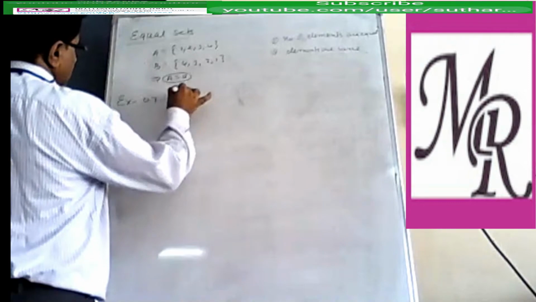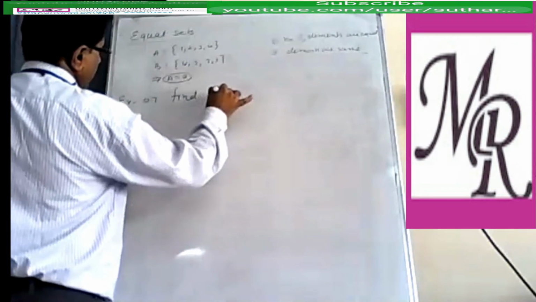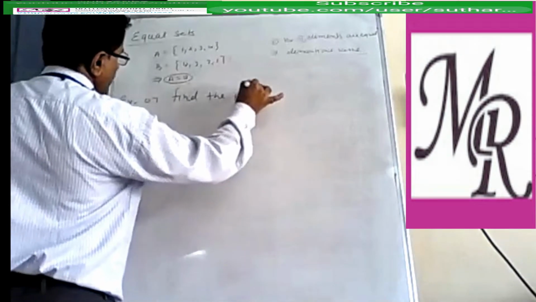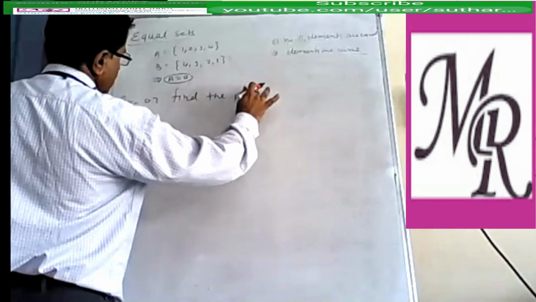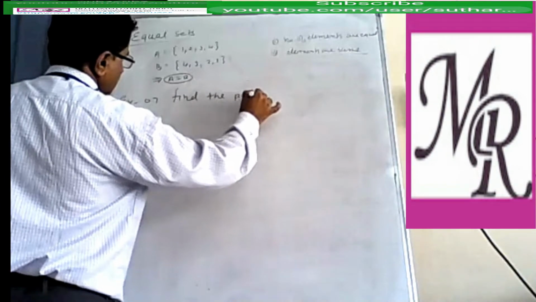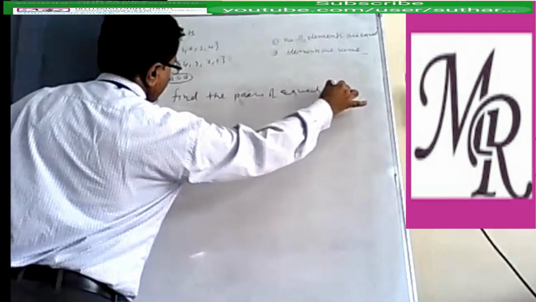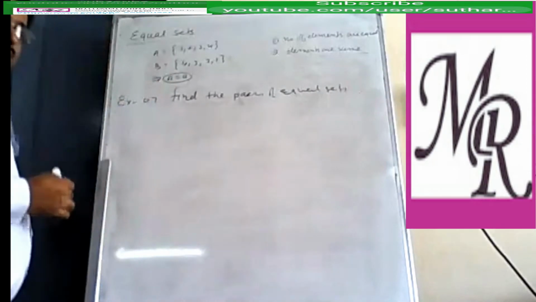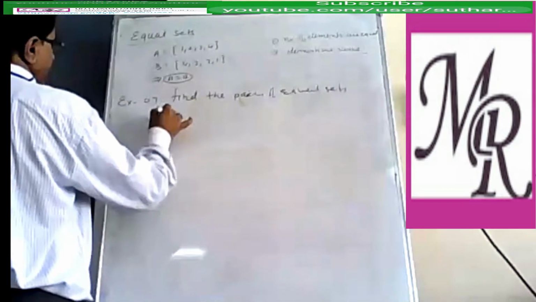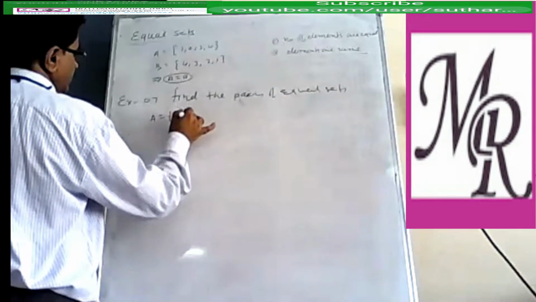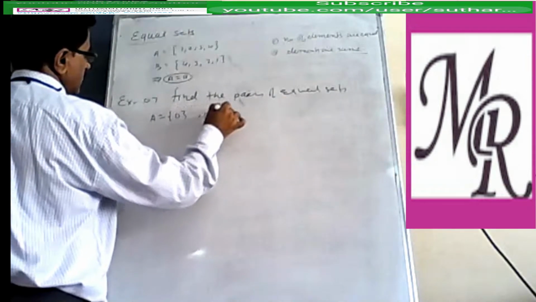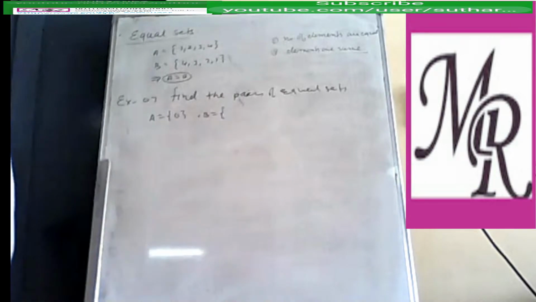It says find a pair of equal sets, if any, in the given sets. So we are given set A containing element 0, set B containing elements.